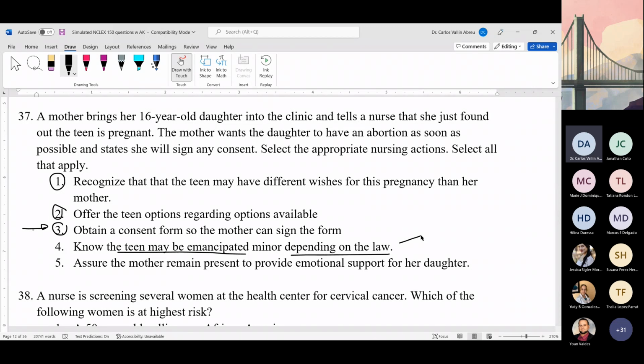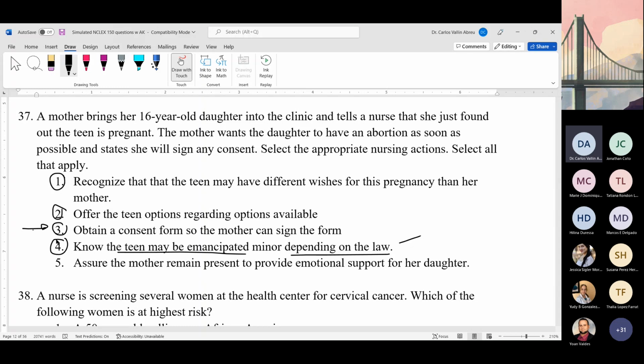If a teen demonstrates that she can be independent, the court can emancipate a minor. So the reasons for emancipation are basically marriage, going to the army, or being declared emancipated by the court. So depending on the law, yes, absolutely yes.